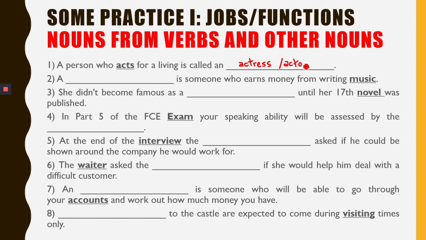So here you can see that I changed the word act, which is a verb. That's why we are talking about nouns from verbs and other nouns. So probably you're going to produce nouns from verbs or nouns. I want you to try this one, and we will check our answers next time.